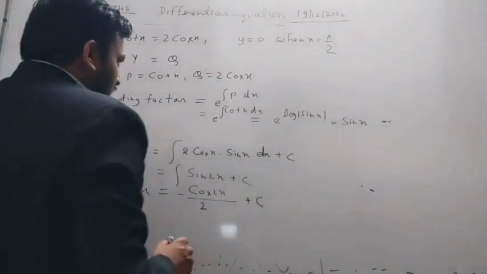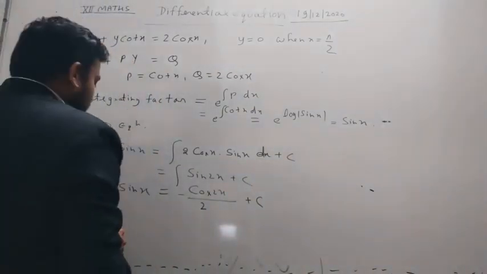Now we put here x is pi by 2 and y is 0.